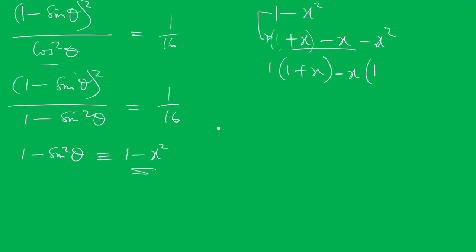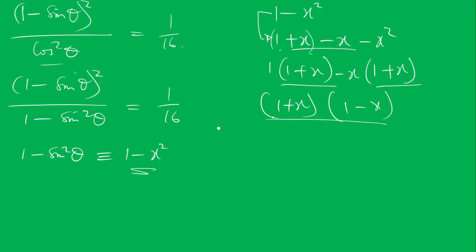Then minus x squared divided by minus x, you have plus x. So you see 1 plus x is common. When you factor it out and remove the common one, what is left here is 1 and what is left here is minus x.